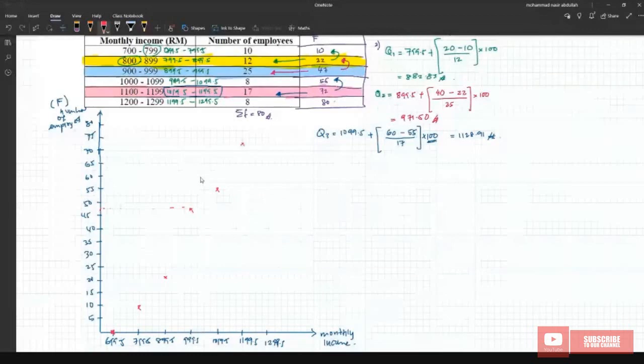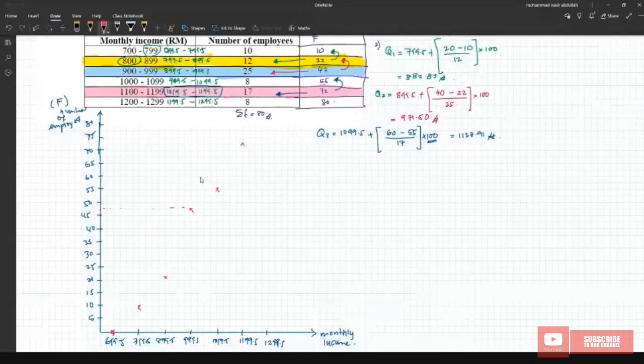And 1299 is 80. It is somewhere here. Right. So then you need to connect the points with a smooth line.